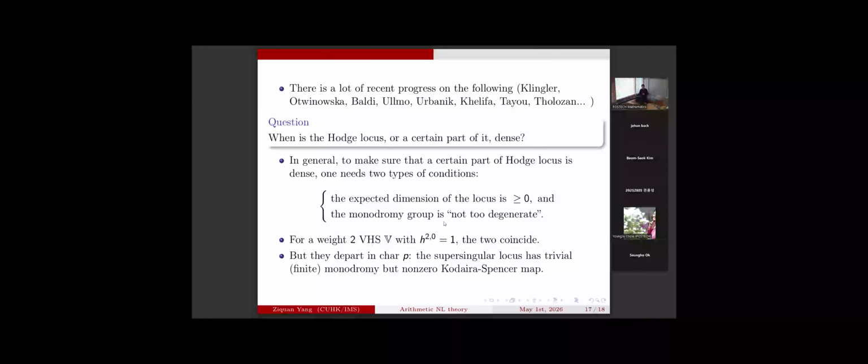So the rank of the generic Kodaira-Spencer map is the same as the dimension of the image. This is another way of saying why the supersingular case is so special, and it also gives you a heuristic on why in characteristic p we want to gauge how far you are from being supersingular.